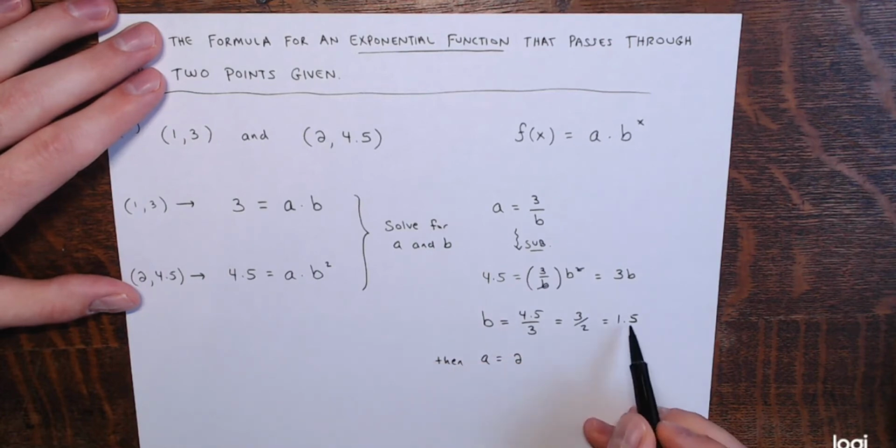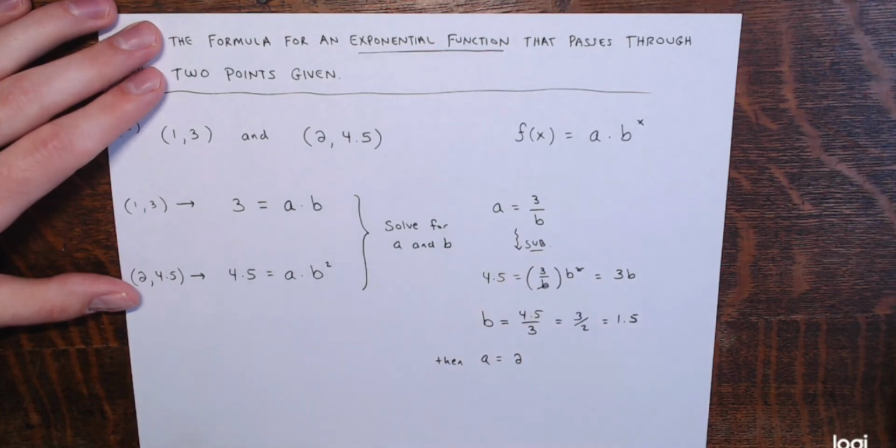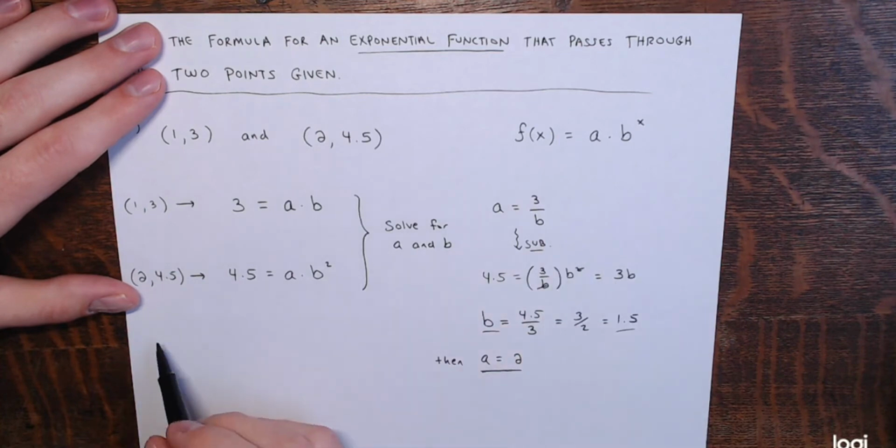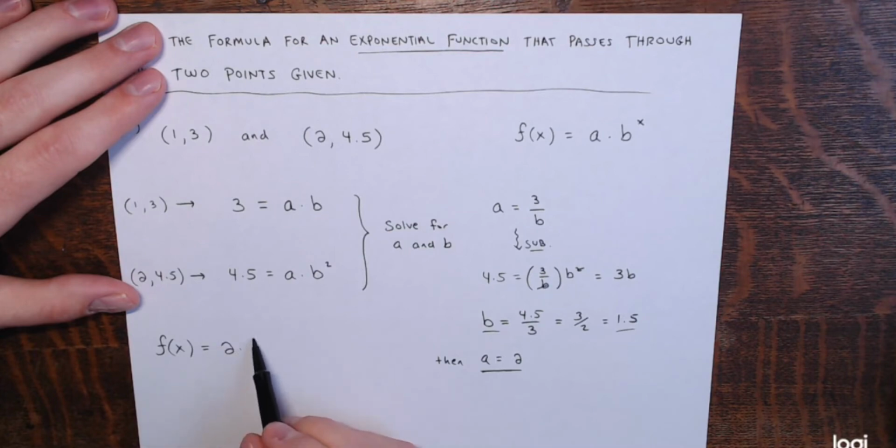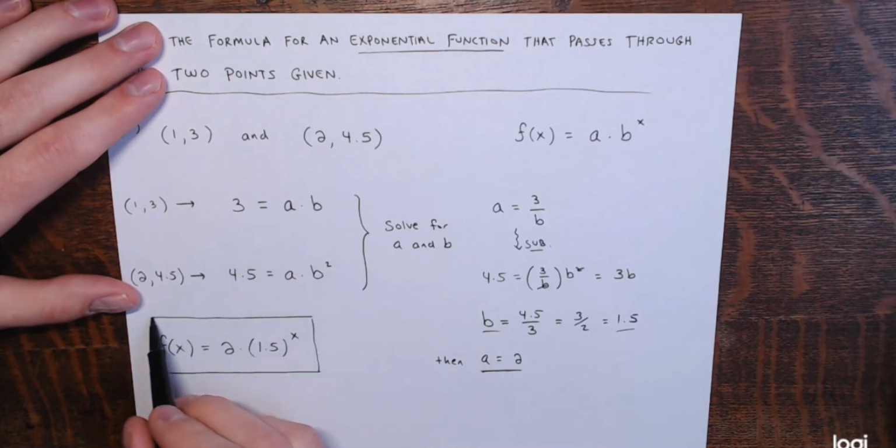Putting 1.5 in for b here, 3 divided by 1.5 is 2. And that's all we need. I got a is 2, b is 1.5. I know now what the equation looks like. F of x equals 2 times 1.5 to the x power. And that is all they're asking for.